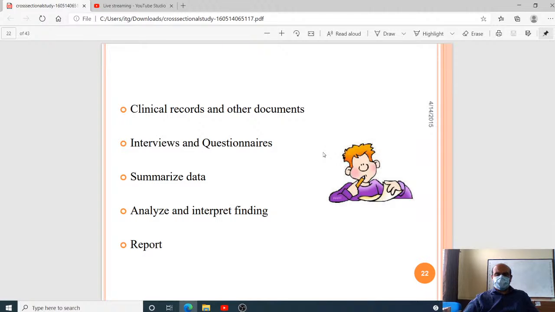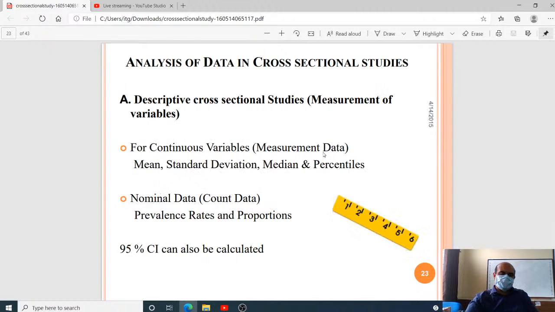Conduct interview and questionnaire. Then summarize the data, analyze and interpret findings, and then report the findings. So these are the steps.